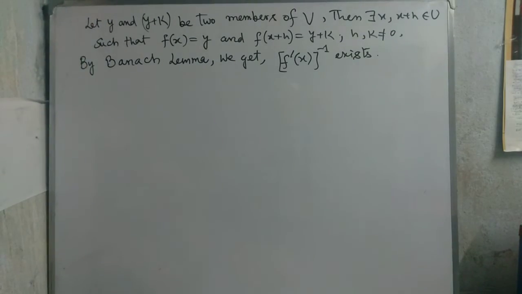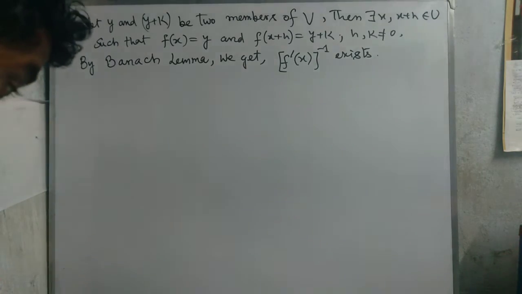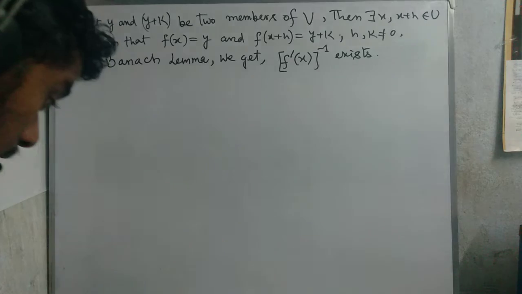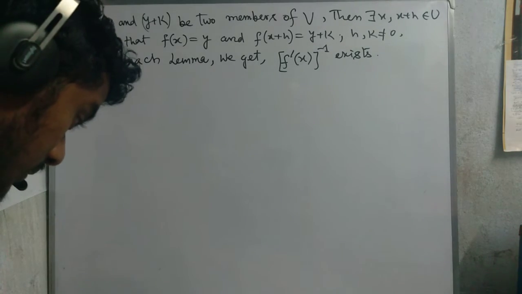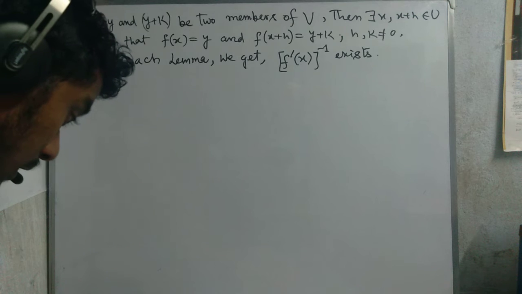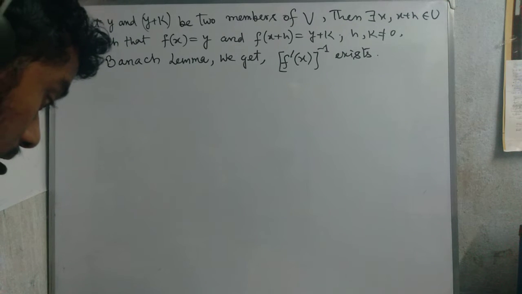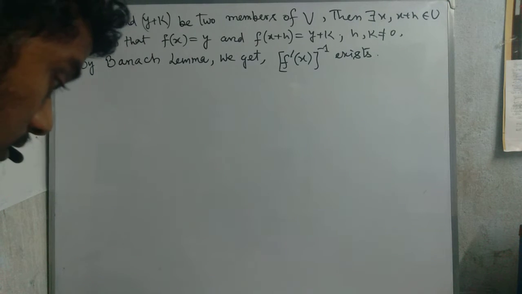Since f is one-to-one and onto, that means bijective, then f inverse exists. By the Banach lemma, f dash inverse exists.